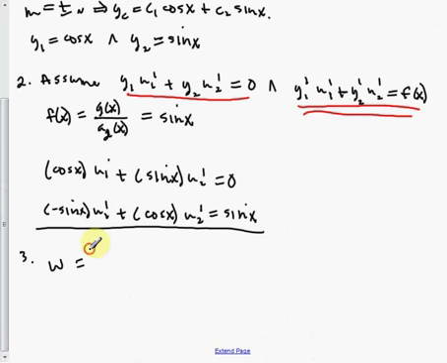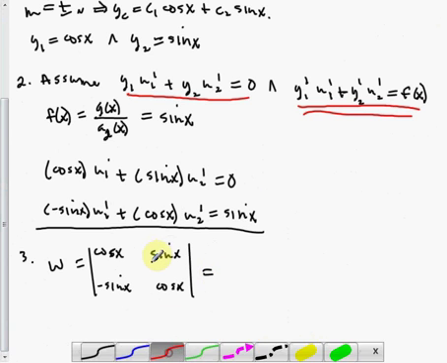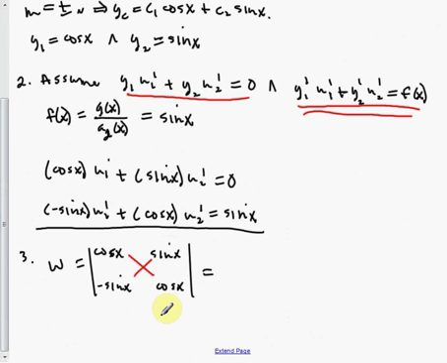Capital W is the cosine x, then below that is this derivative, negative sine x. On this side is the y sub 2, which is sine x, and its derivative, cosine x.